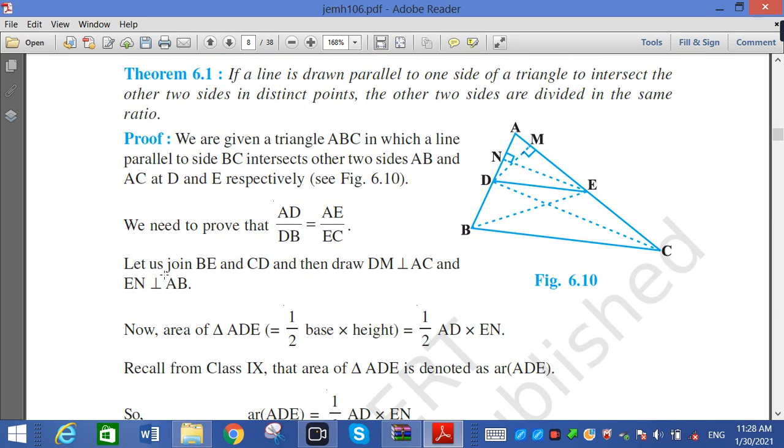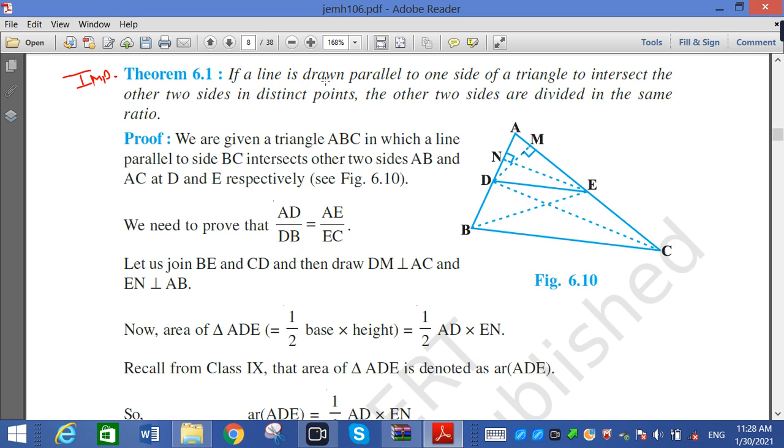So that is the important theorem 6.1. If a line is drawn parallel to one side of a triangle to intersect the other two sides in distinct points, the other two sides are divided in the same ratio.